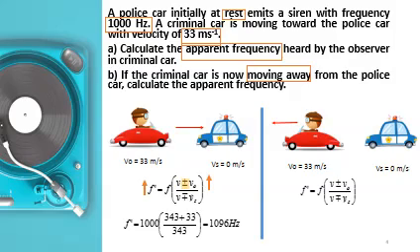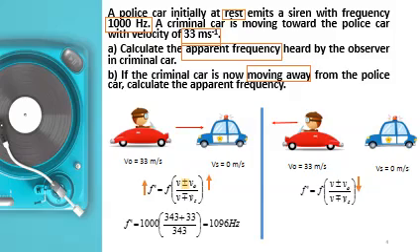Next, if the criminal car is now moving away from the police car, calculate the apparent frequency. So the police car is still at a static position, but now the observer is moving away.